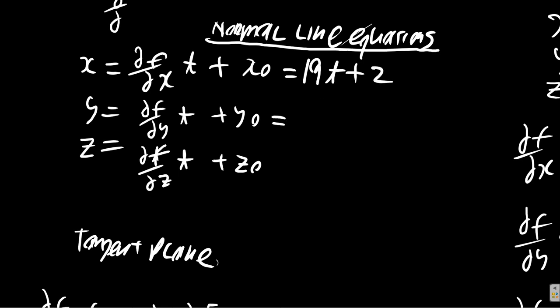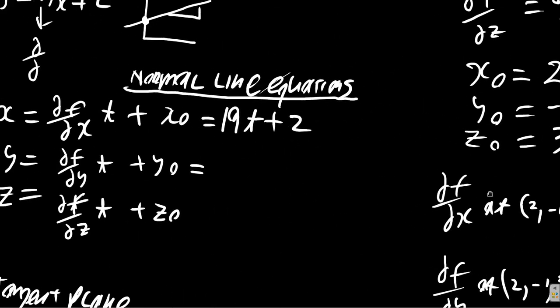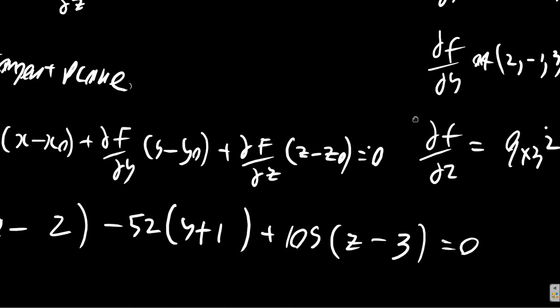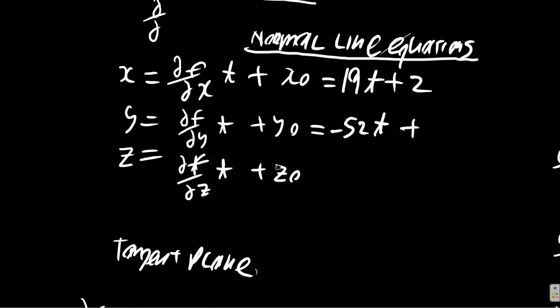This one was negative 52, right? Negative 52. So delta f by delta y is negative 52t plus, and then the point is at 2, negative 1, 3.